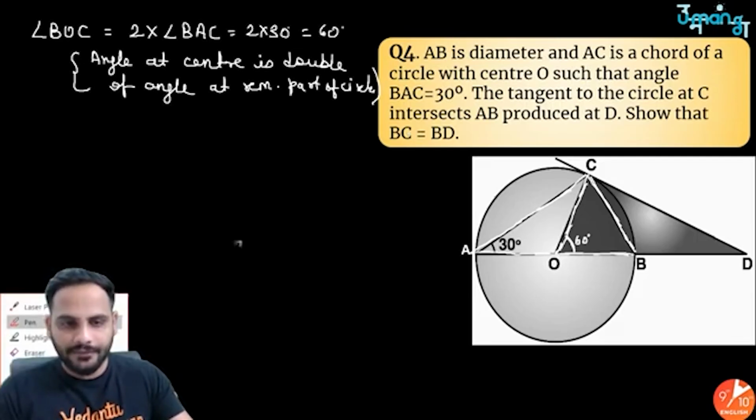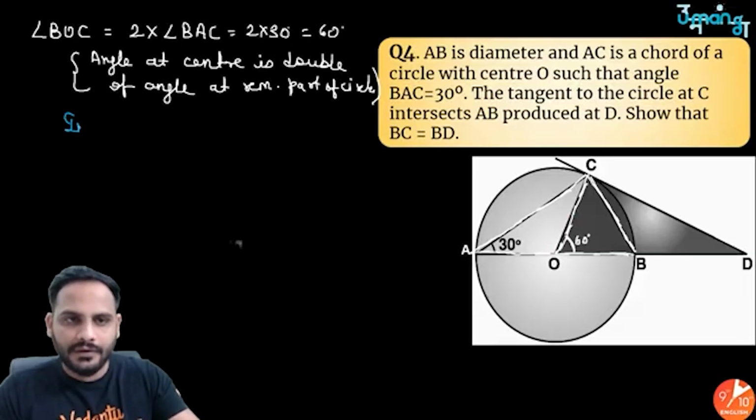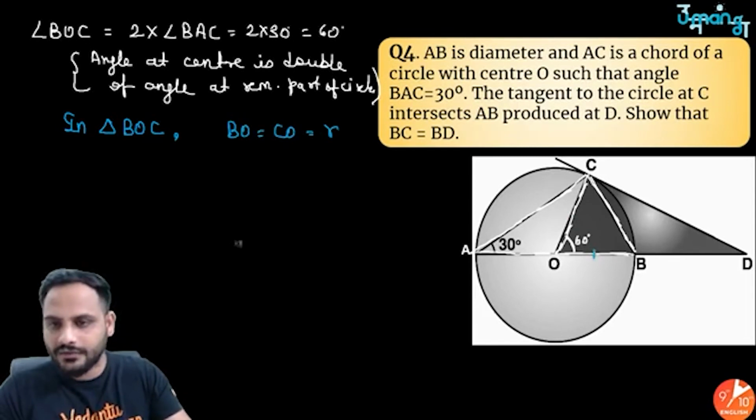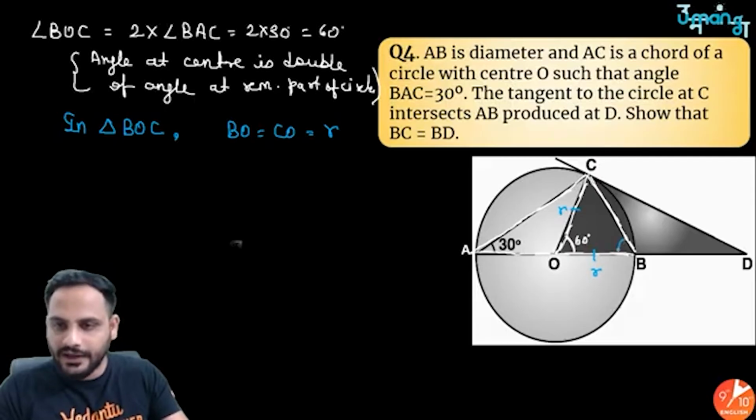Next thing is, we know that in triangle BOC, we have BO equal to CO, both equal to the radius. So if these two sides are equal, this angle will be equal to this angle, right? Let's say both these angles are x.